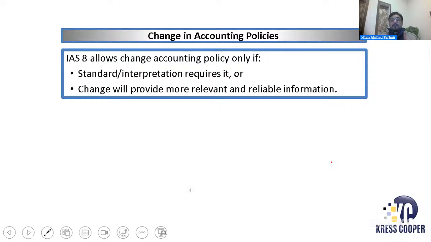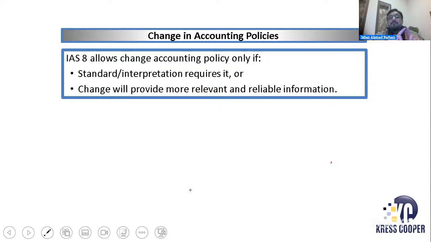Otherwise, there is one more reason for the change in accounting policy, which is a voluntary change. As I told you, there are two policies, measurement methods, which are taken as a policy for inventory.